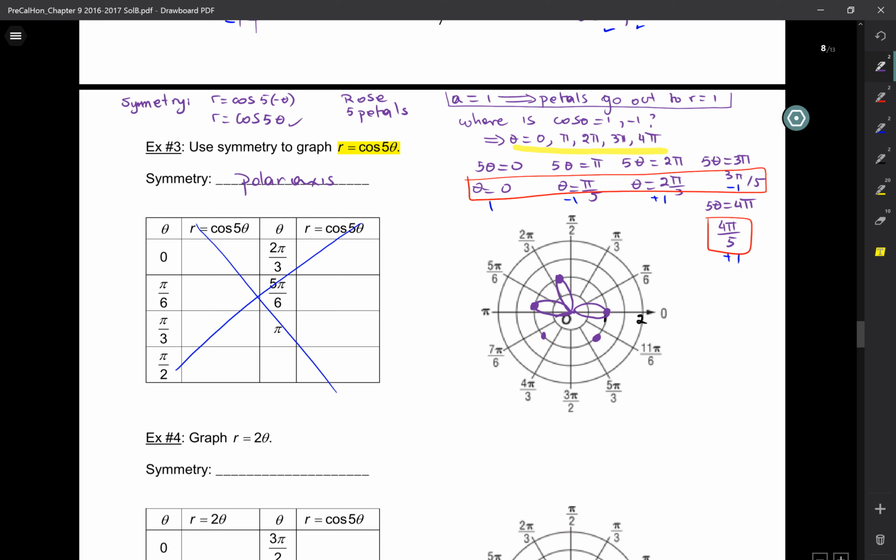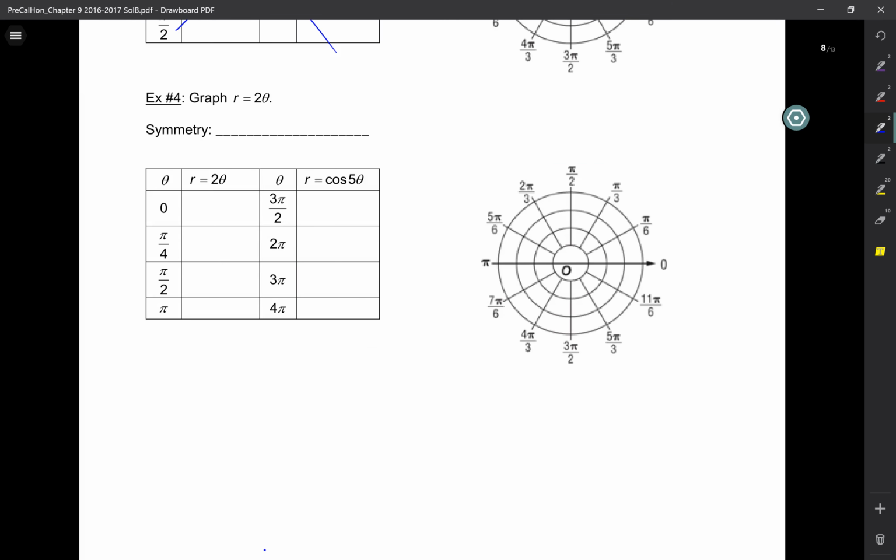So the thing is, I'll talk about that right now. So r equals 2 theta. This one, the radius goes twice as fast as theta. Okay? So what I'm gonna do here is I'm gonna label these to go 2, 4, 6, 8. Okay?